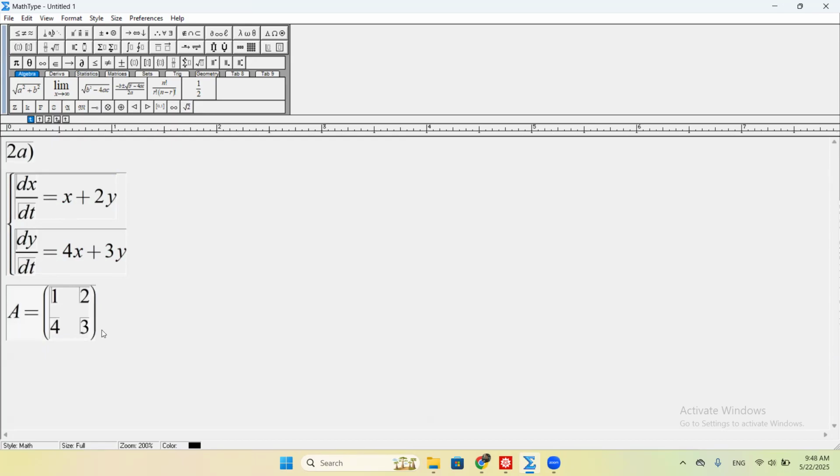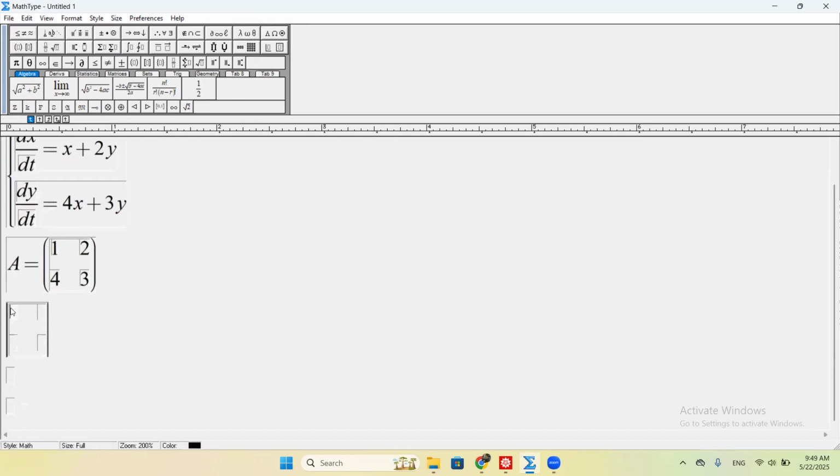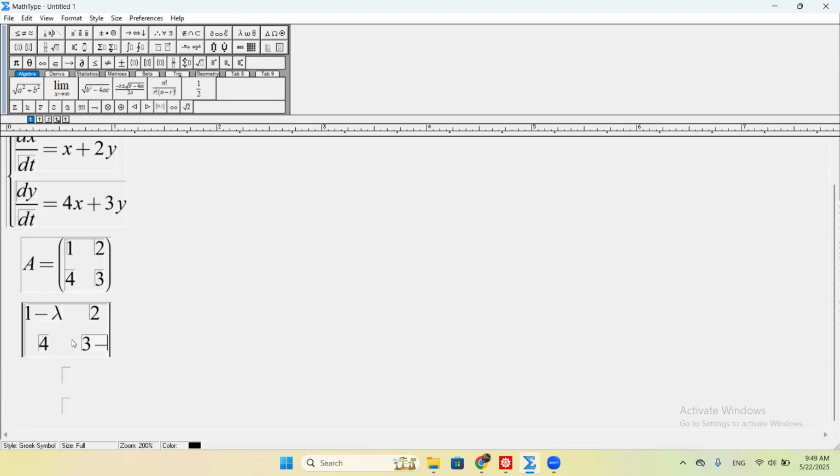Then we'll find eigenvalues and eigenvectors. So okay, let me copy and paste it. And here will be 1 minus lambda, 3 minus lambda equals 0.